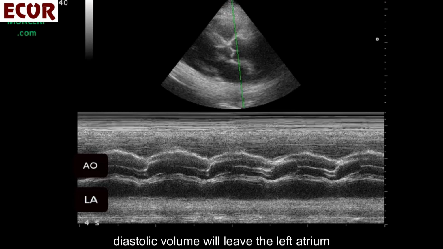If left ventricular relaxation is low and abnormal, only 30% of the final left ventricular diastolic volume will leave the left atrium to enter the left ventricle during the initial third of diastole. Then, the final 70% occurs during the last two thirds, and the M-mode will show a mild and slow backward movement of the aorta right after aortic valve closure, and a small decrease in the left atrial size.